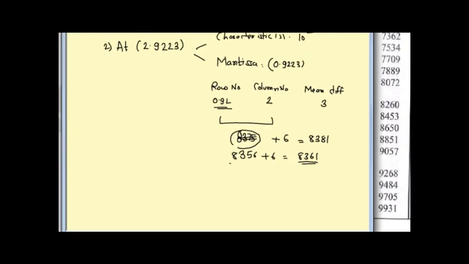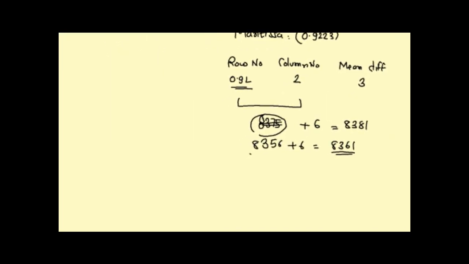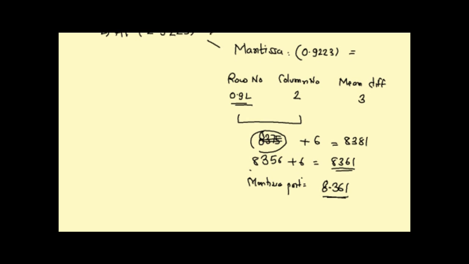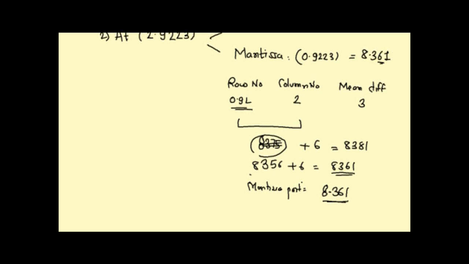And for the actual mantissa part, put a decimal place after the first digit on the left. So it is equal to 8.361. So the final value of antilog of 2.9223 is the product of mantissa and characteristic, that is 8.361 into 10 raised to 2, that is 836.1.